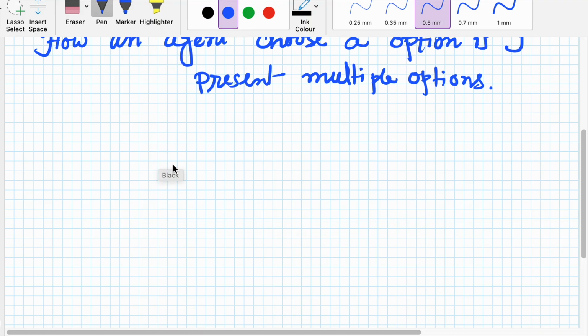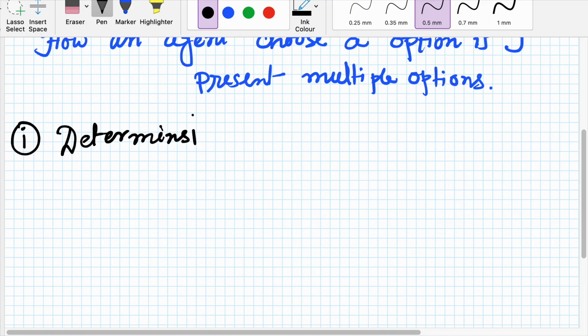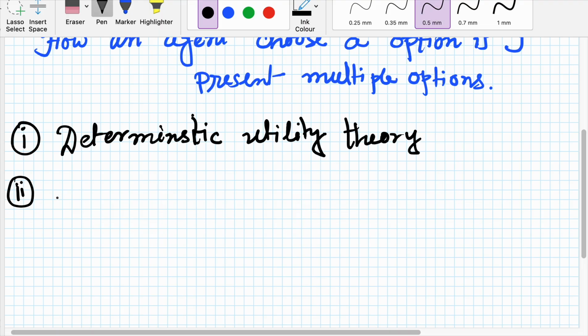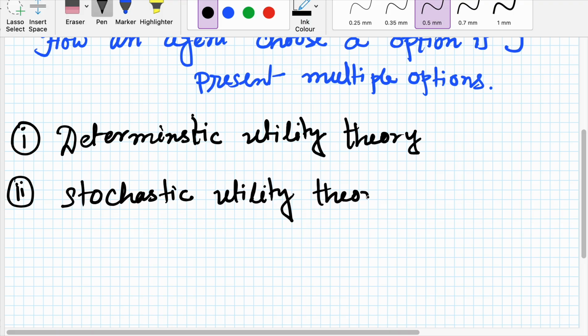Now, as we learned in the previous class, there are basically two parts. One is deterministic utility theory, and another is stochastic utility theory.